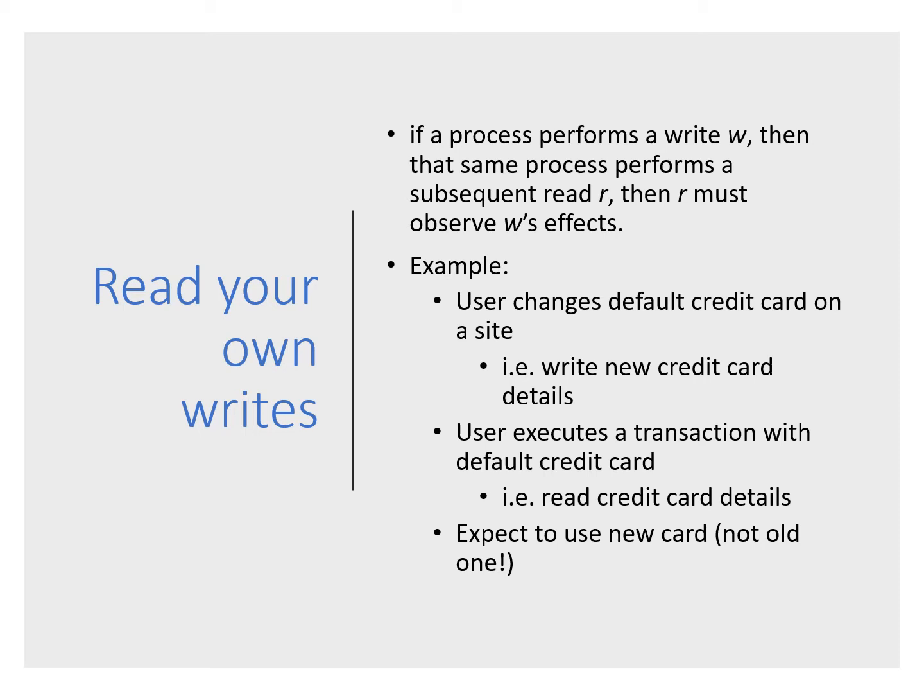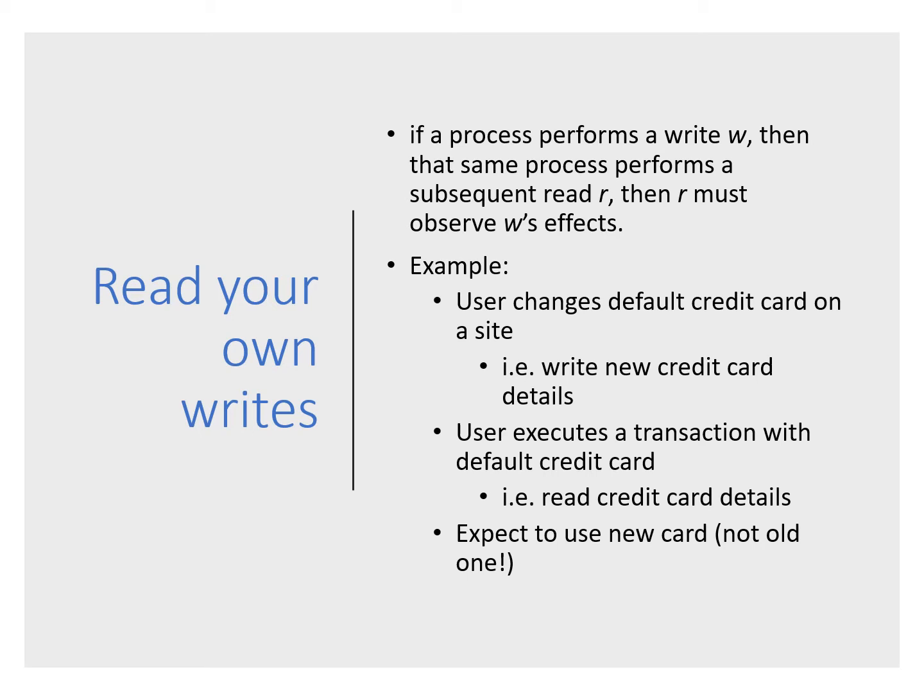So you say, okay, here's my new one, you store it, you hit submit, it gets validated, and then you go, great, I'll try checking out again. Now you can imagine in the background your credit card is replicated across multiple nodes, and it's updated on some nodes and not on others.